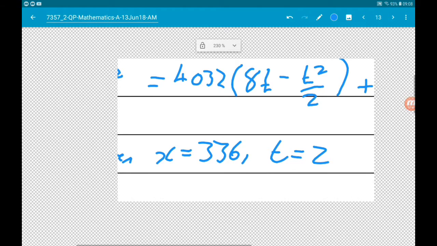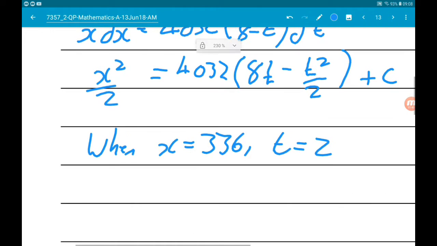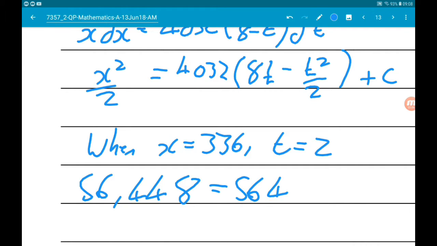Now if we substitute those numbers in, quite happily we get 336 squared over 2, which is 56,448, is equal to, now we actually get exactly the same thing for the t part, add c.